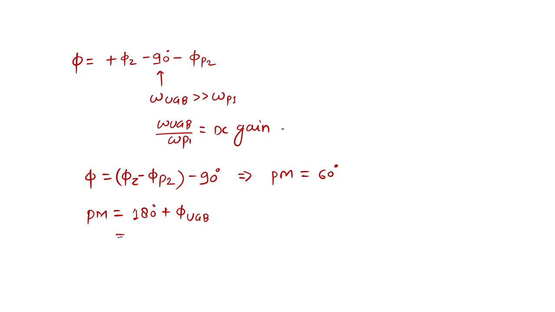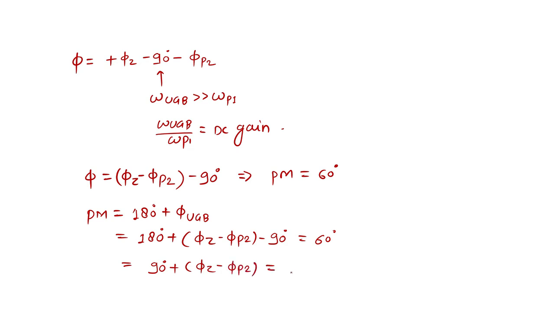So 180 plus phi at UGB is phi z minus phi p2 minus 90, equal to 60 degree. So what is it coming? It is coming as 90 plus phi z minus phi p2 equal to 60 degree.